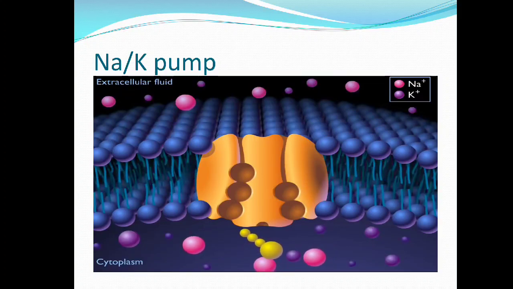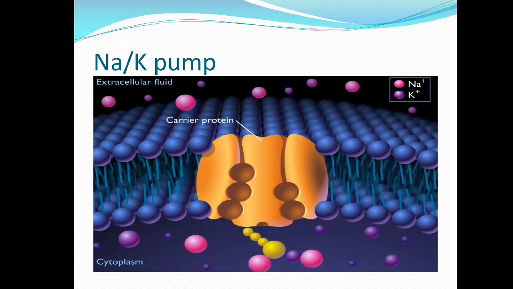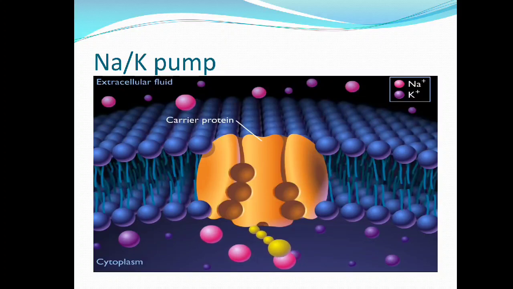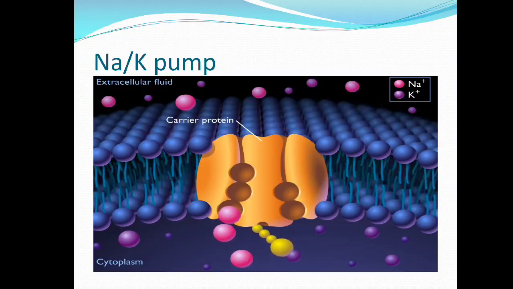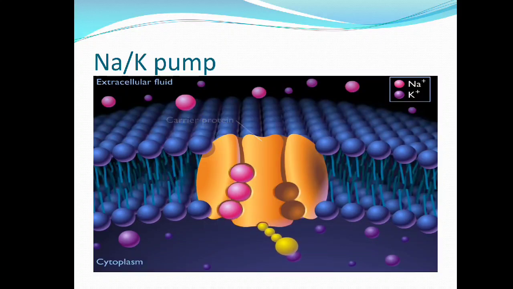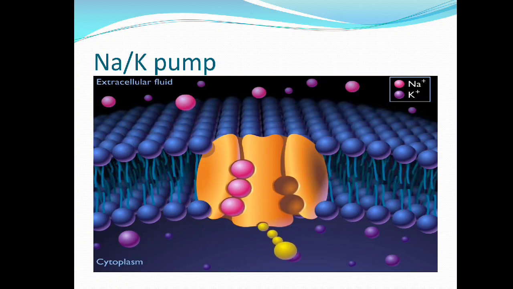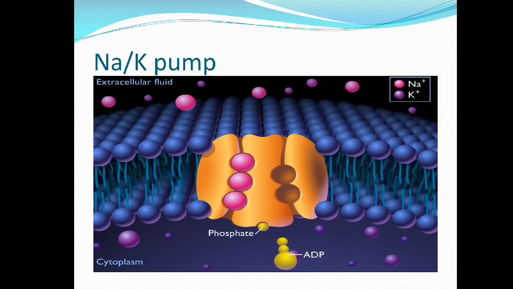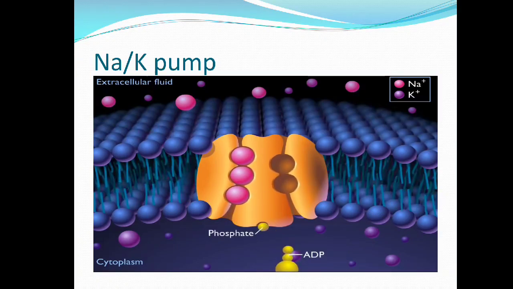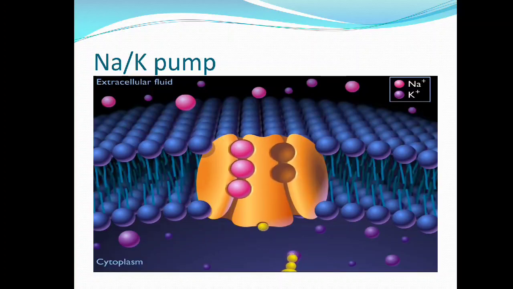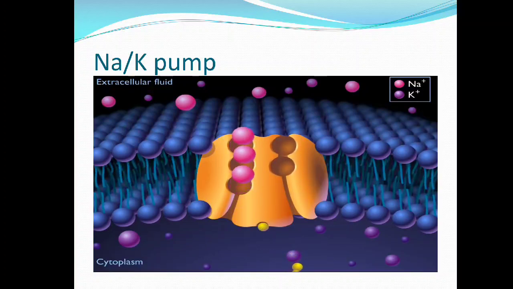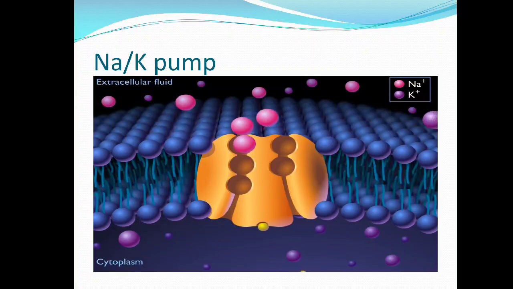You can see the movement of the ATP molecule when it interacts with the sodium ions, it breaks up and the carrier protein changes its shape and pumps out these sodium ions. You can observe here the sodium ions moving in red color, and from inside the cell they are thrown out of the cell.